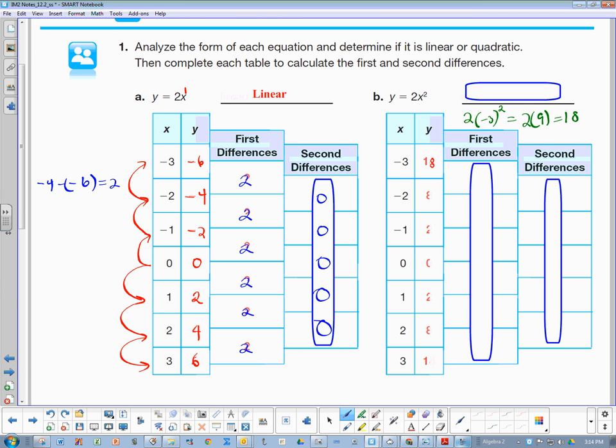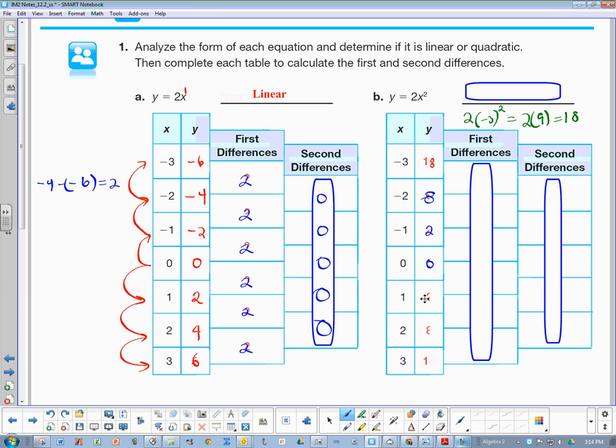Okay. Let's plug in again right here. So negative 2 squared is 4. 4 times 2 is 8. And plugging in negative 1 squared is 1 times 2 is 2. And you have a 0 here.